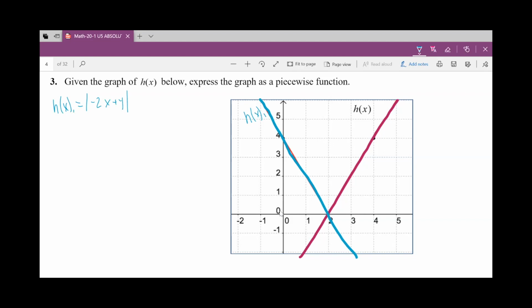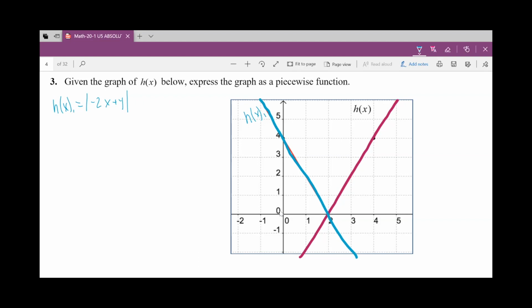Well, that's the equation of the line in blue. There's the plus 4, and the x-intercept, okay? And negative 2 is just the slope, and we can just read that off, right? It's got a run of 2 and a rise of negative 4. So negative 4 rise over run, negative 4 over 2 is negative 2. So negative 2x plus 4 is just the equation of that first line, all right?